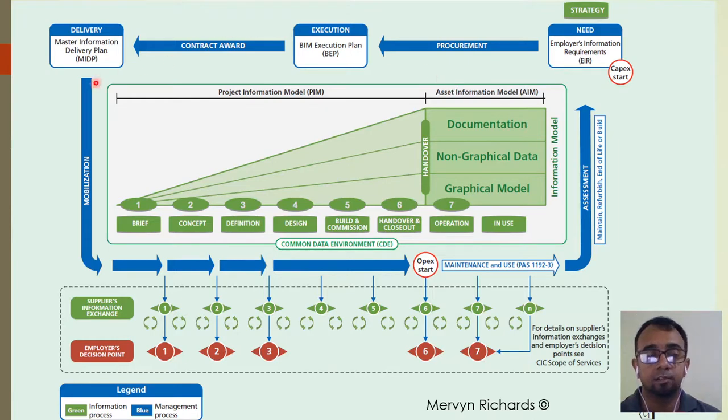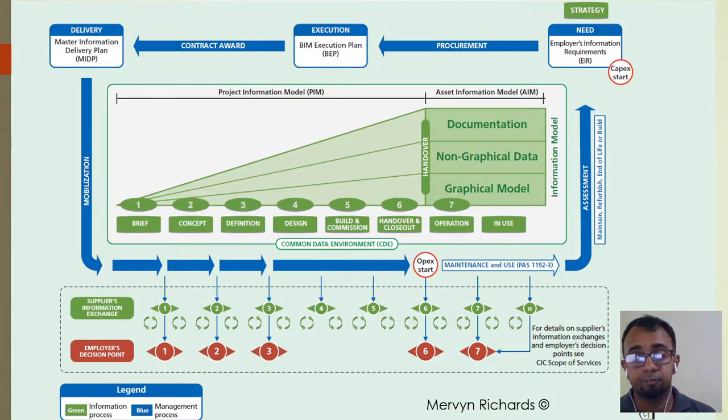So this diagram is prepared in parallel to that, and also the BIM task group digital plan of work stages, and as you go on, you will realize that this is connected to many other documents also.